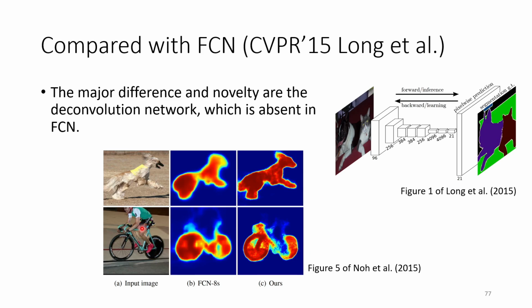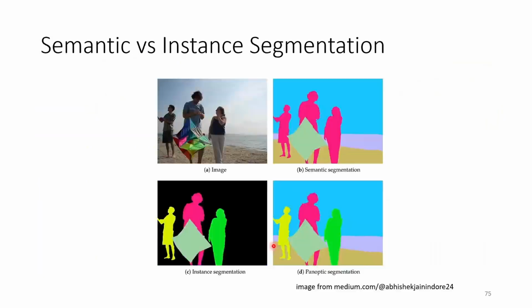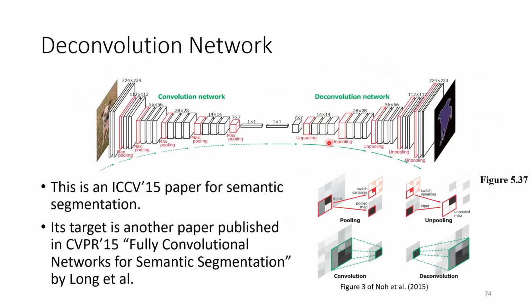For example, this is the left leg of the cyclist. In the fully convolutional network, it was treated as part of the bicycle. But in their result, they separate it from the bicycle. So this is better. And why can they generate the better result? Just because they introduce the deconvolutional network.